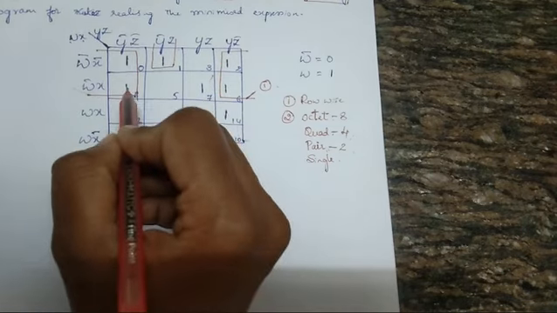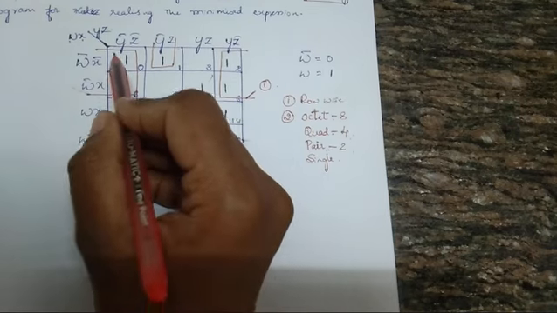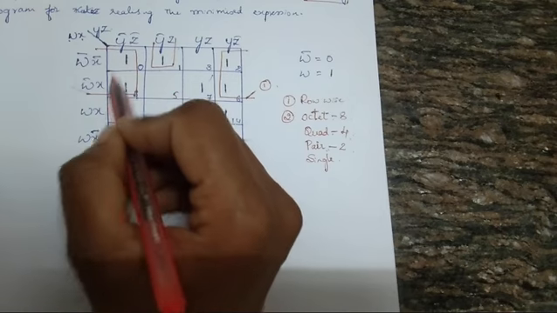If there was a 1 here, I would have made this as a quad. Why?